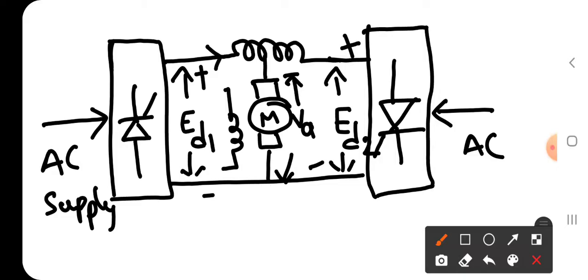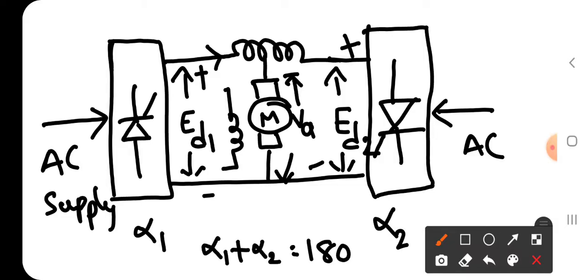Suppose alpha 1 is the firing angle of the positive converter and alpha 2 is the firing angle of the negative converter. Then we have the relation alpha 1 plus alpha 2 equals 180 degrees.